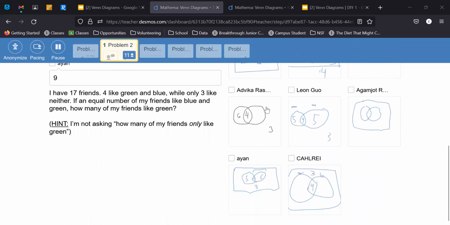So I'm seeing not a lot of you are labeling your circles in your Venn diagrams. So remember, label them.